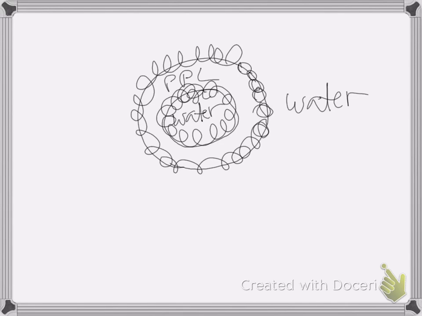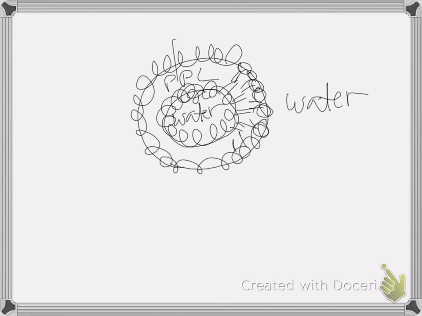Does that make sense? Okay, then where are the tails? The tails are in between the two layers of heads. Does everybody see how that works and why it is?